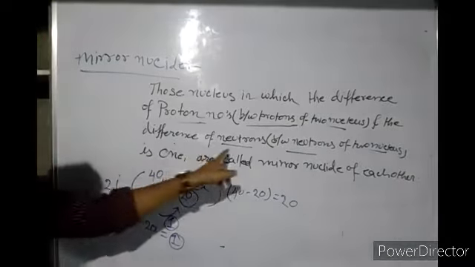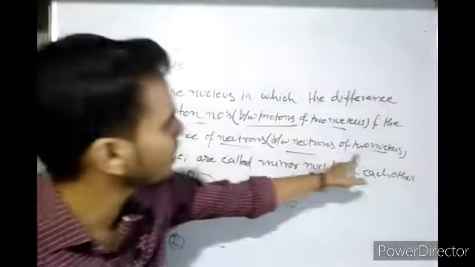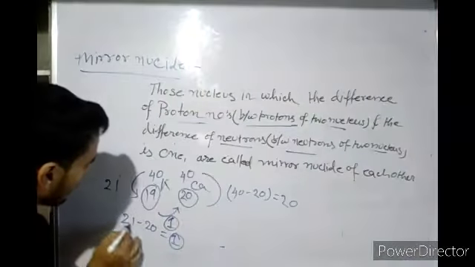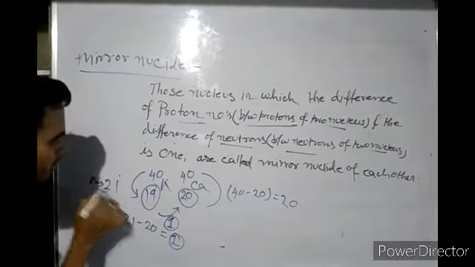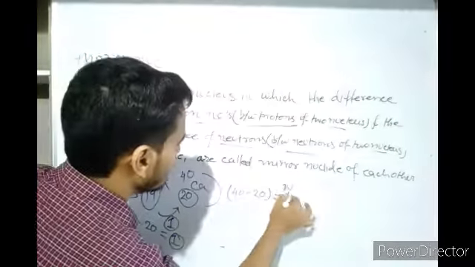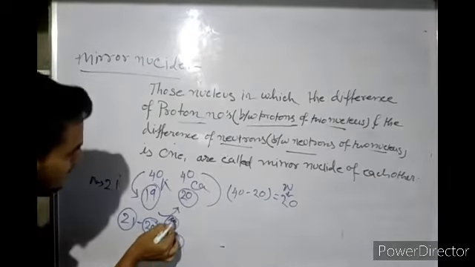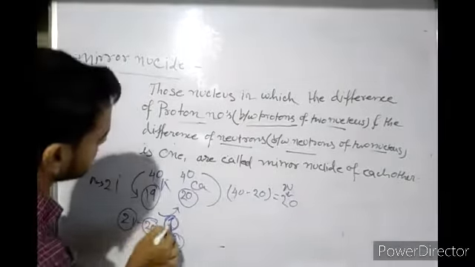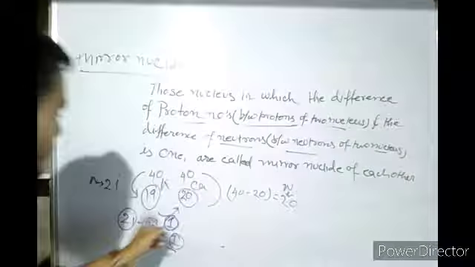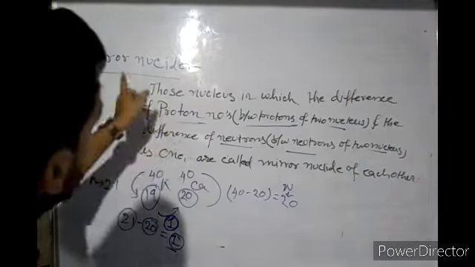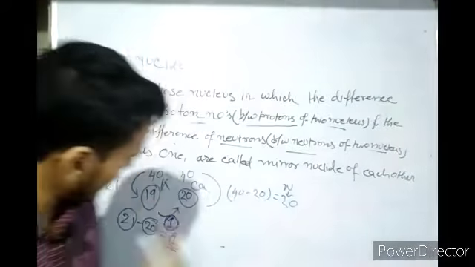So according to the definition, the difference of neutron numbers of the two nuclei is 1. Here the neutron number is 21, here it is 20. The difference of neutron numbers is 1 and the difference of proton numbers is 1 also. These two nuclei are called mirror nuclides of each other.